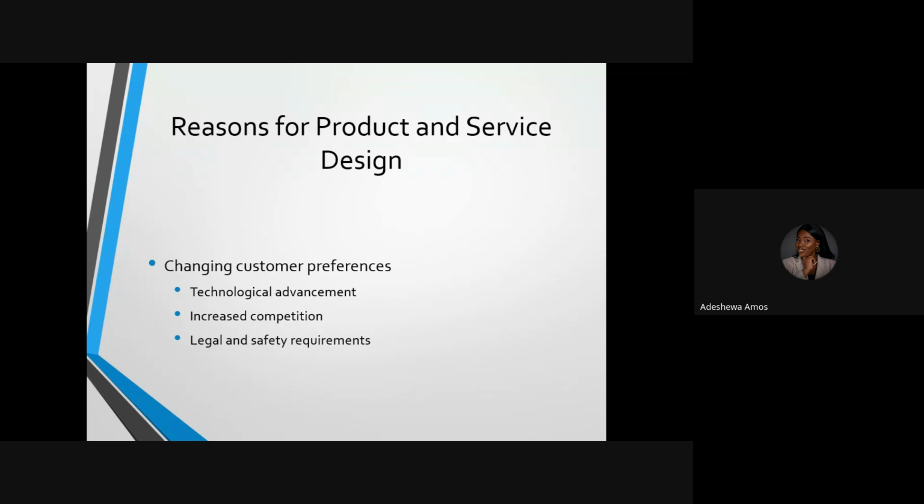And now, reasons for product design and service design. So now, as an operation manager, why will you want to undergo what we call product or service design? Why will you want to do it? One, changing customer preferences. Because the preferences of your customers are changing, you want to produce something that will satisfy them.